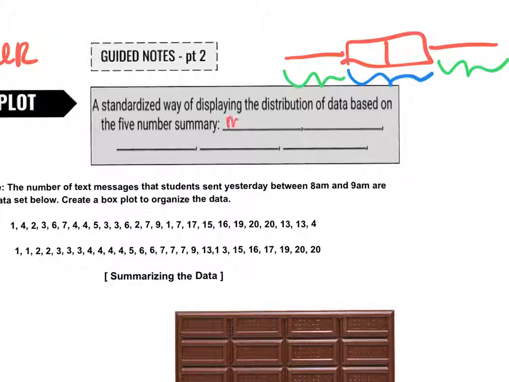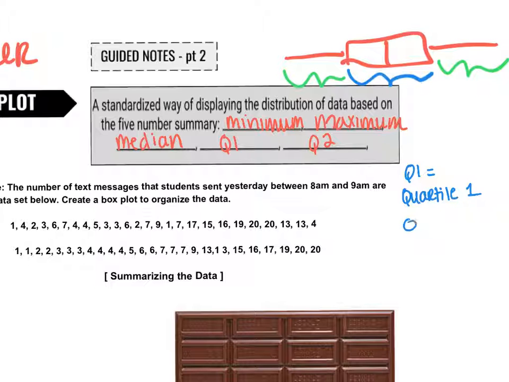So we have the minimum, the maximum, the median, and then we have things called Q1 and Q2, which I'm going to explain in a second. Just so you know, Q1 is quartile 1, and Q2 is quartile 2.